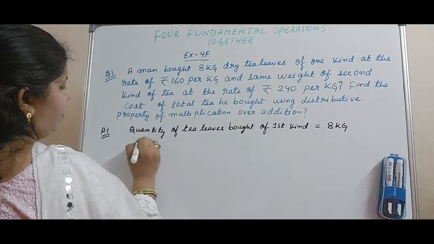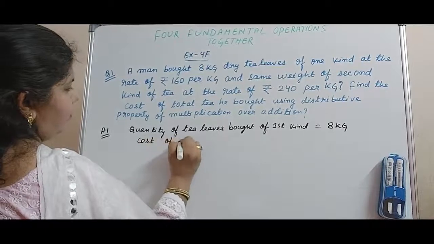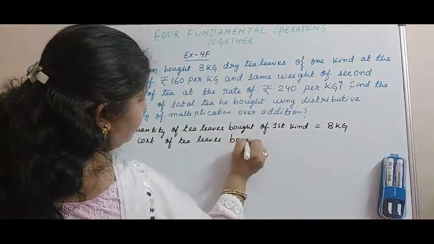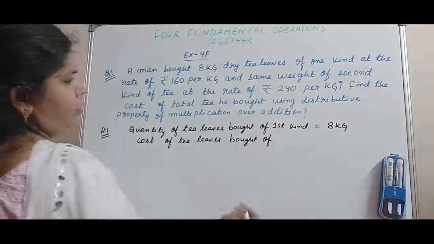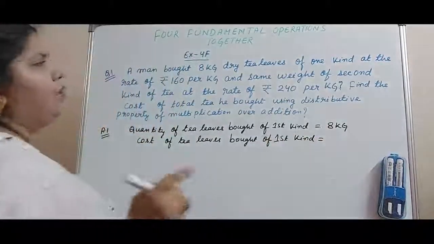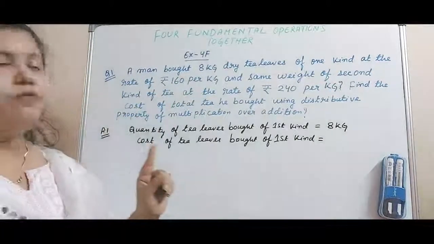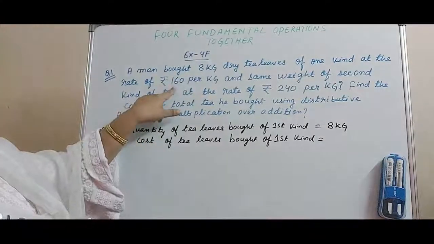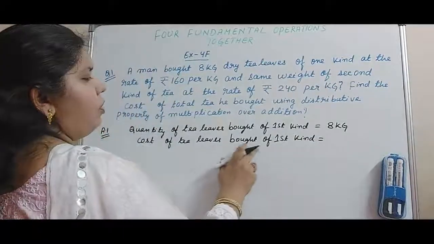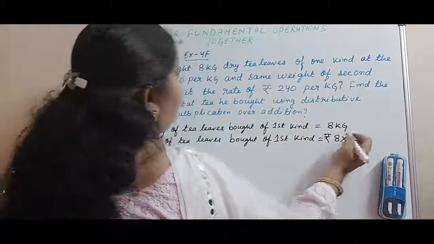Cost of tea leaves bought of first kind. See, it is written rate of rupees 160 per kg, means 1 kg tea leaf of first kind costs rupees 160. So we have bought total 8 kg. So cost of tea leaves bought of first kind equal to rupees 8 into 160.